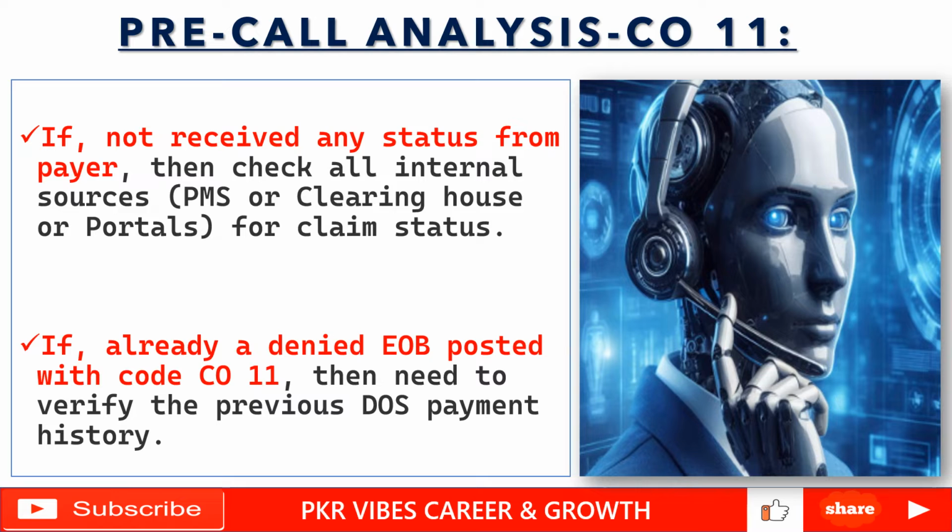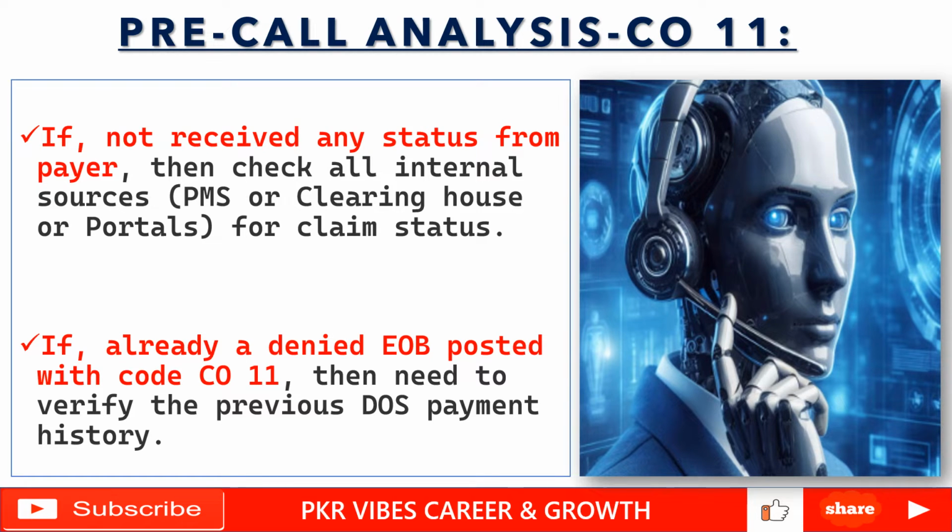Then you need to verify the previous DOS payment history. For example, previously we billed this kind of procedure and diagnosis code to the insurance. If we previously billed medical claims with the same services and got payments, you should analyze that information before calling the insurance.